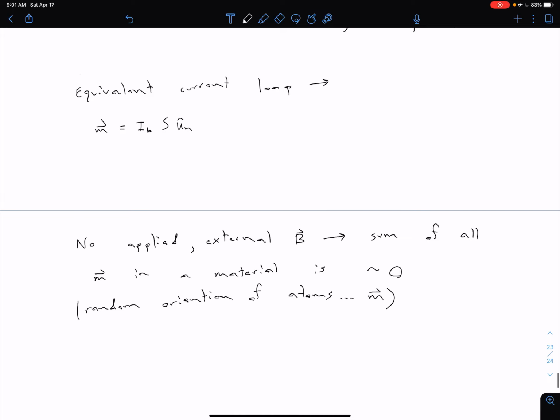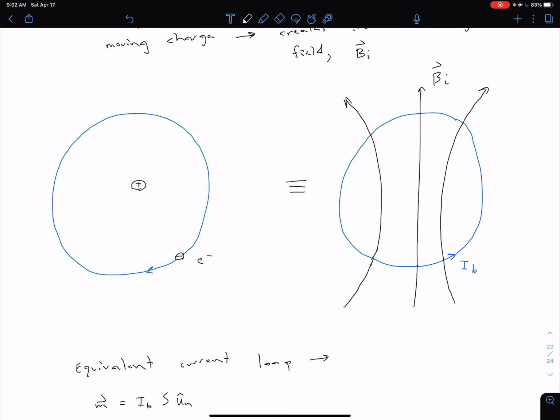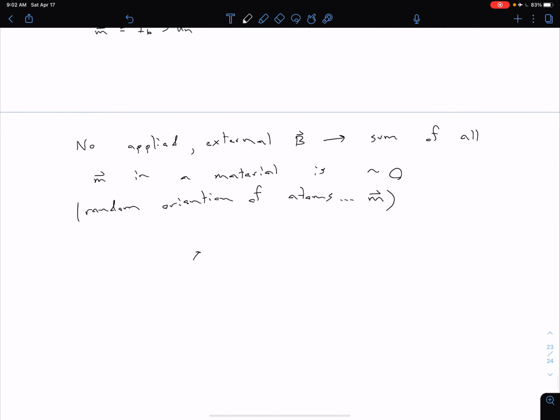And so what that might look like is, in this case we had our electron path shown here. Maybe in another one we have our electron path in this direction, and that's going to give an M in an opposite direction. Maybe we have some other one like this, with the electron moving counterclockwise as opposed to clockwise. So basically we have all of these M's pointing in opposite directions, just sort of randomly, and by the law of large numbers, if we have enough of these and we sum them, that's going to approach 0.